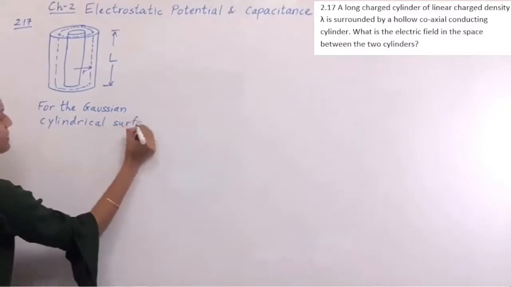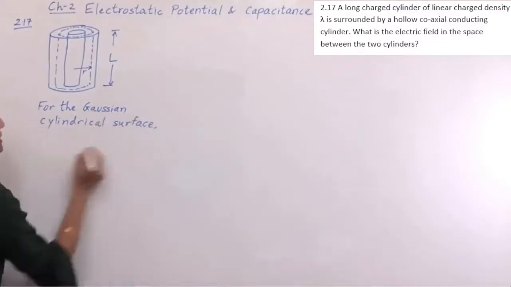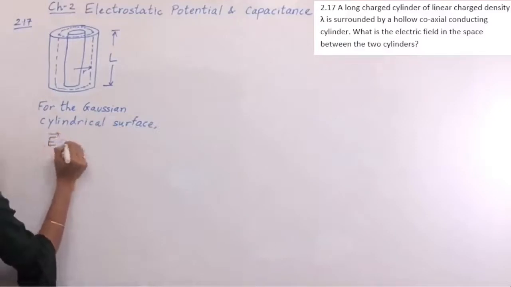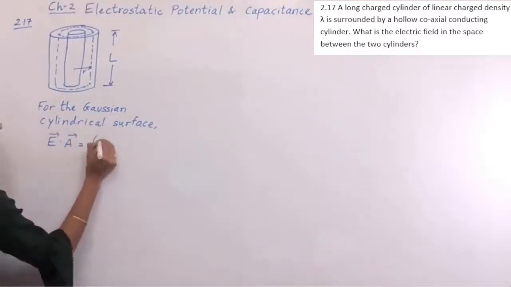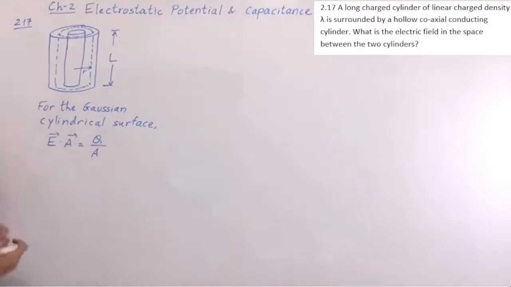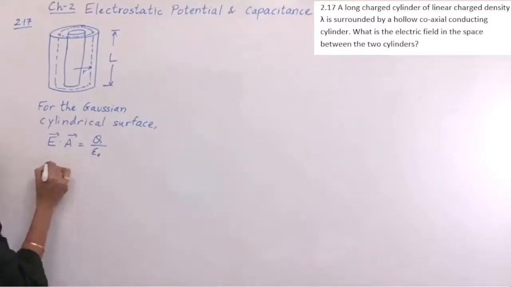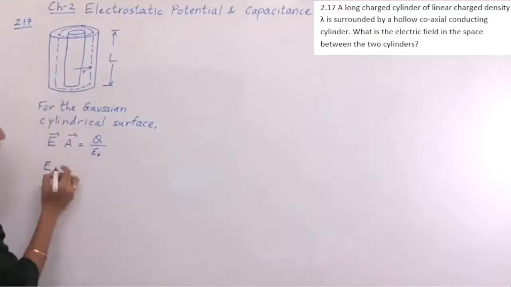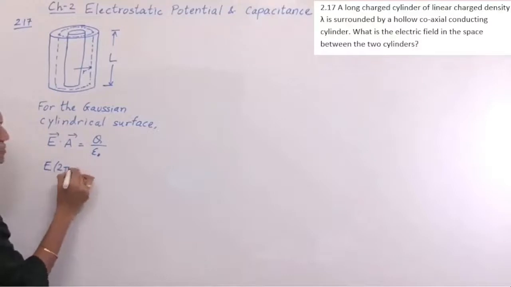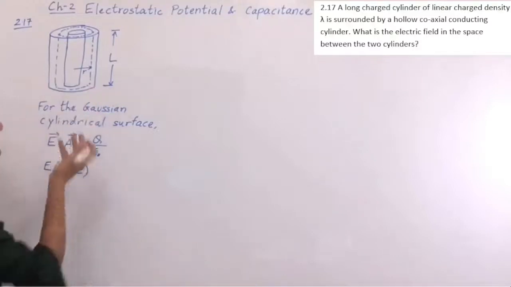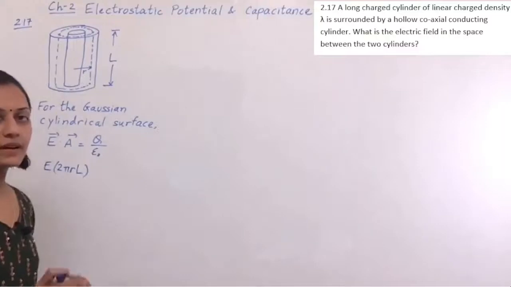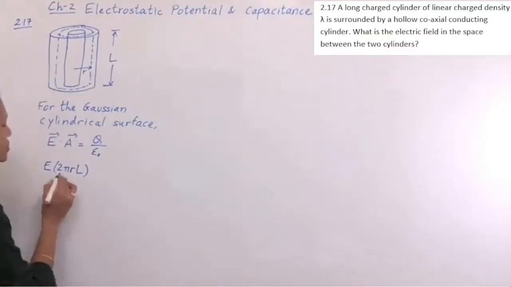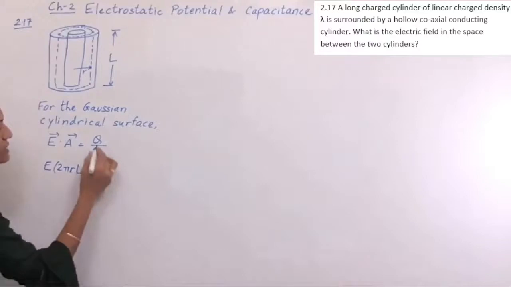There we can apply Gauss's law. So E dot A equals to Q by epsilon 0. So E into A, the surface area of that Gaussian surface, is 2 pi RL. As it is a cylindrical one, the curved surface is equals to 2 pi RL, equals to Q by epsilon 0.